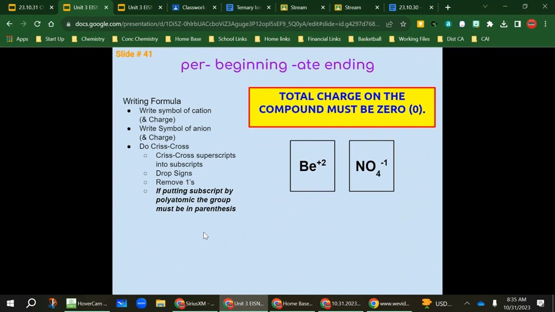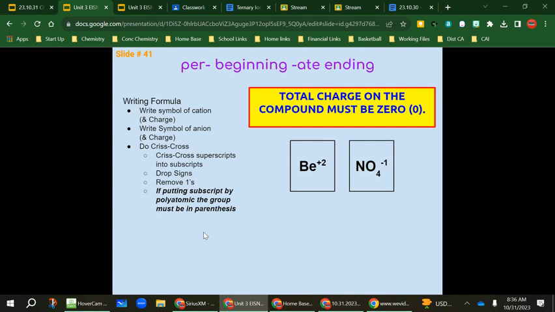So here's the nice part about the formulas, ladies and gentlemen. We are literally not doing anything different than we have been doing since we did binary compounds. We are trying to create a compound that has a total charge of 0. We are still doing that here. And whether this is BeNO, BeNO2, BeNO3, or BeNO4, NO2, NO3, NO4, NO all have a -1 charge.